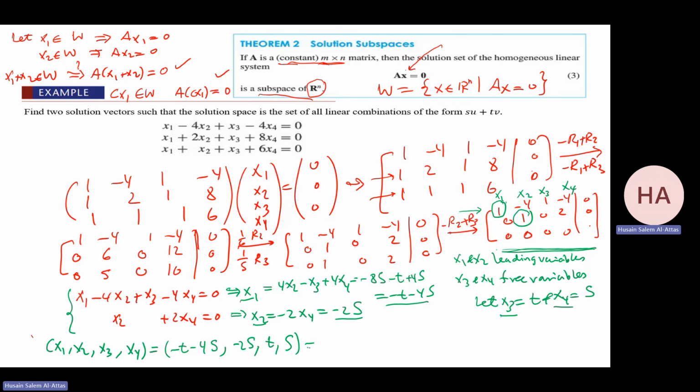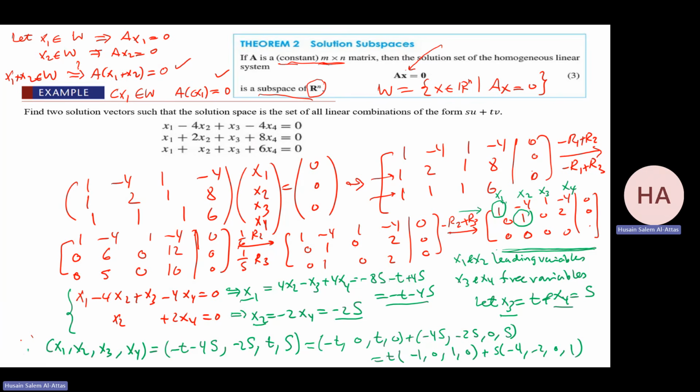Now I will take t from the first one, or I can rewrite it as minus t, 0, t, 0, and down with the s, which is minus 4s, minus 2s, 0, and s. Now I can take t outside here. I have minus 1, 0, 1, 0. If I take s, I have minus 4, minus 2, 0, 1.